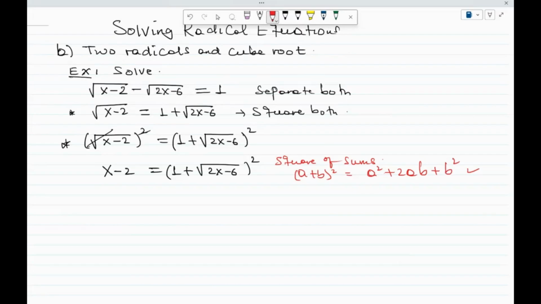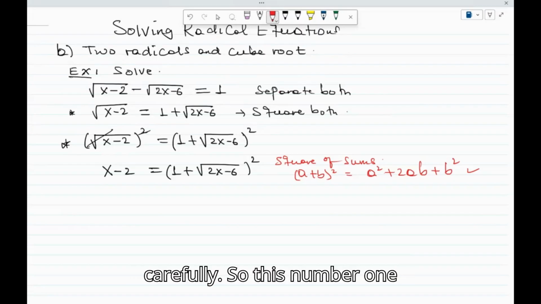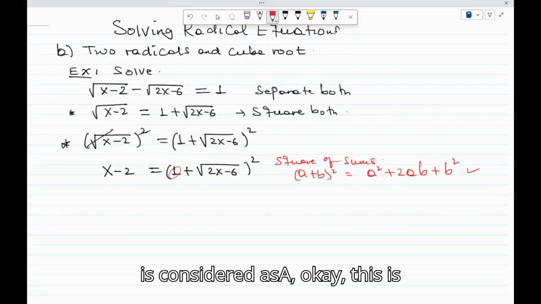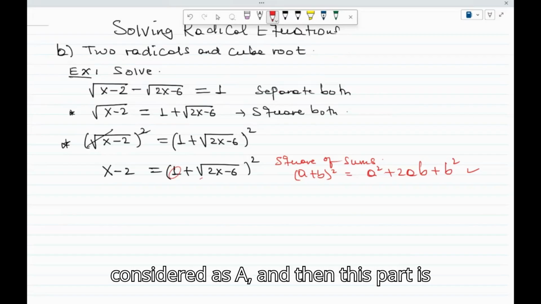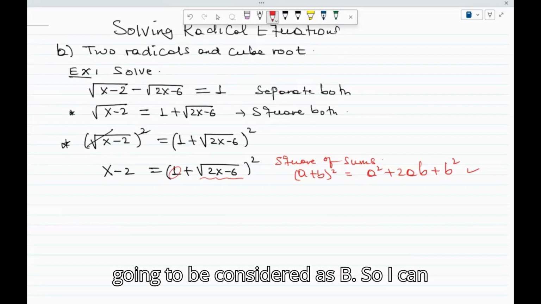So for the second part, look at this very carefully. This number 1 is considered as a, and this part is considered as b.